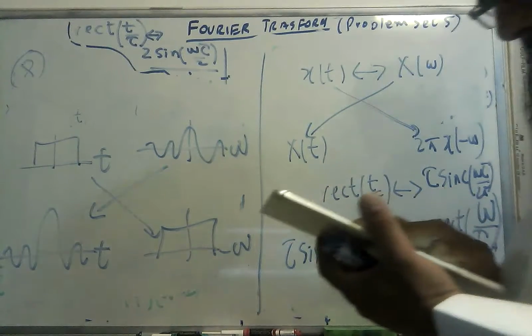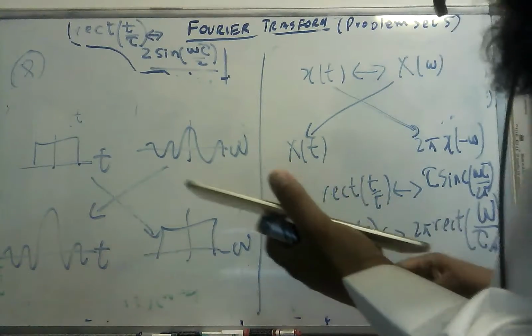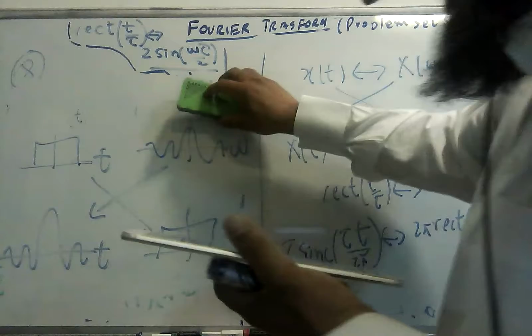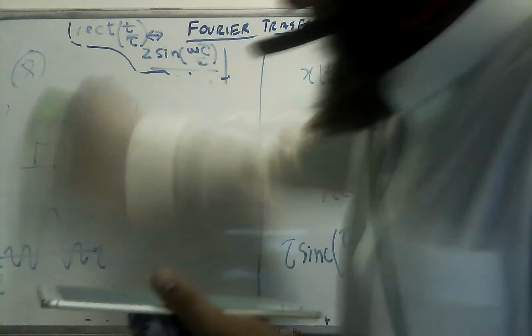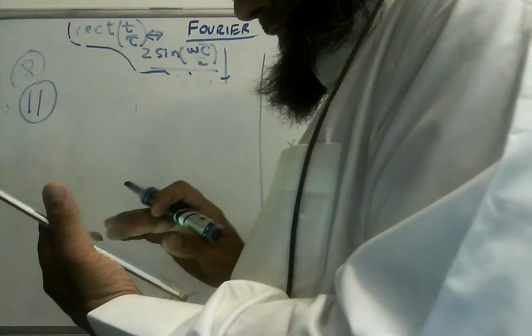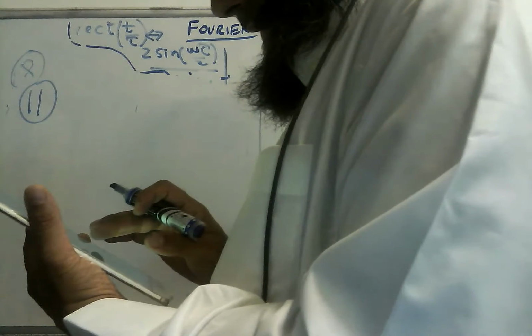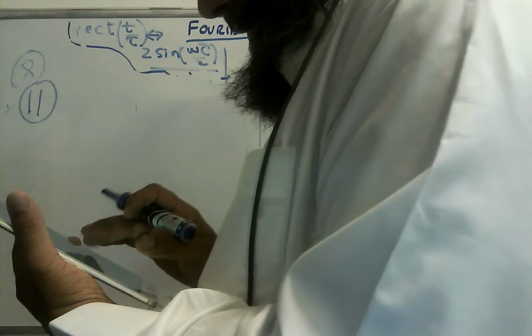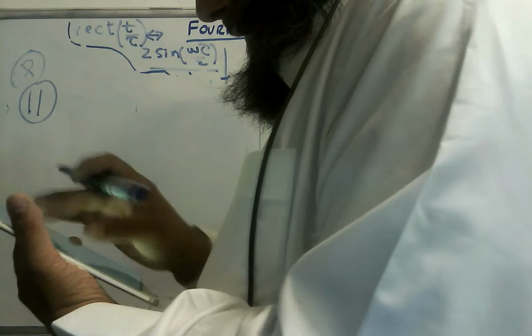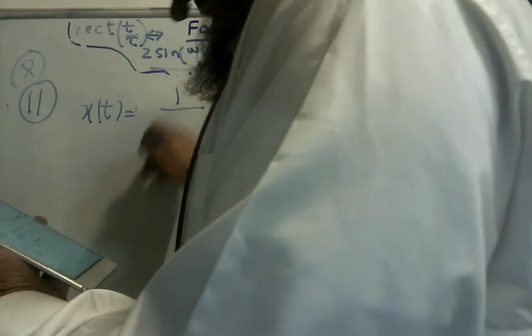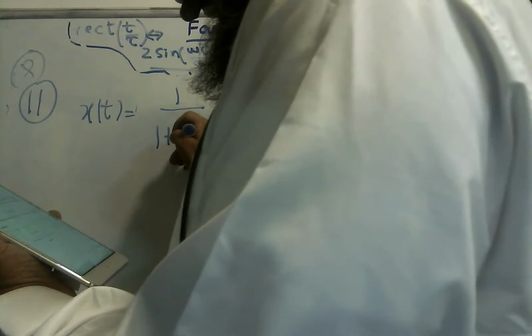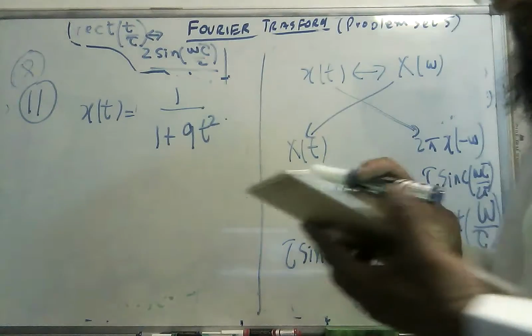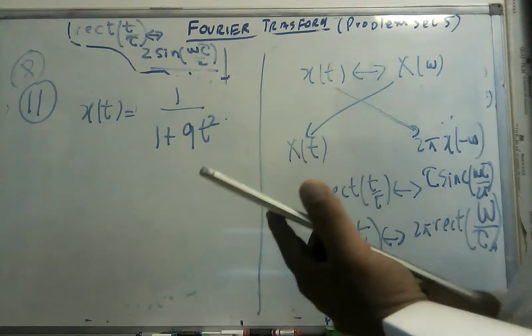Problem number 8. I can just delete this here. So problem number 11 is x of t is 1 over 1 plus 9t square, and I need the Fourier transform of this type.